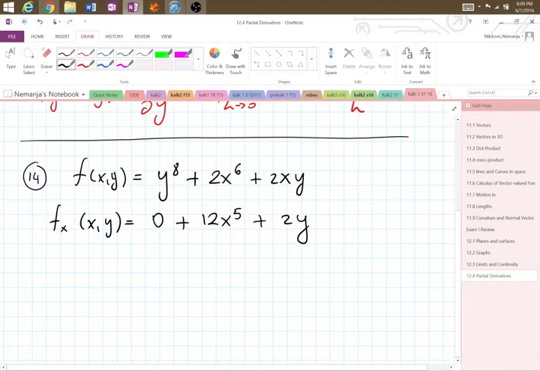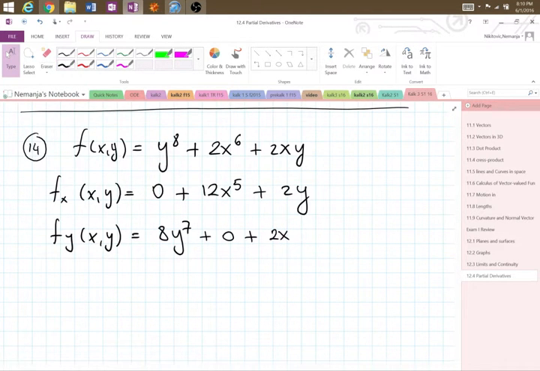What's the partial derivative in respect to y? Eight y to the 7 plus 0 plus 2x. Very good. Now, obviously, we don't write this plus 0. It's just we are practicing for the first time.